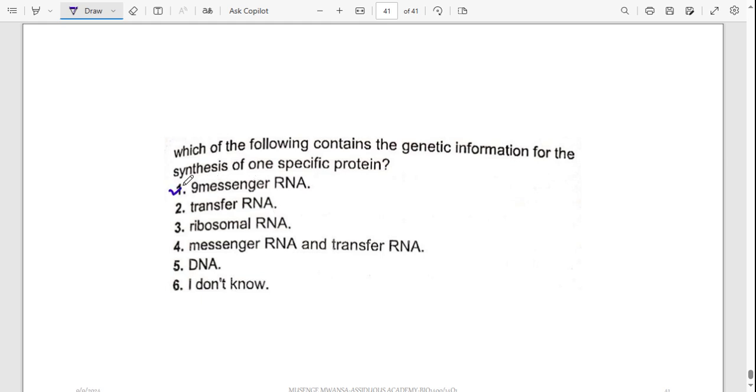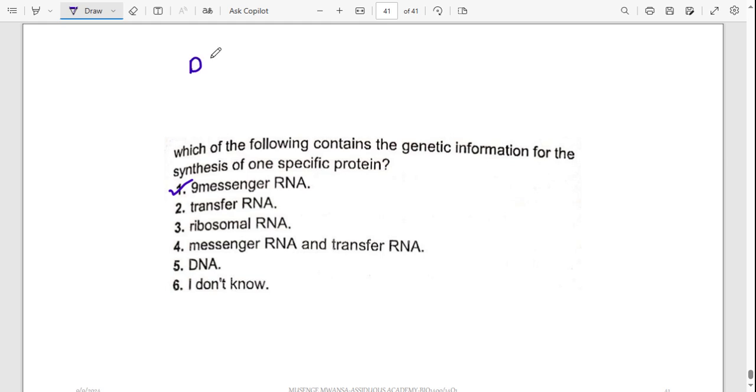So mRNA is the one which contains the genetic information. It's the carrier of genetic information for the synthesis of one specific protein. DNA carries genes. It carries actually all the information. This one stores the information. The carrier of information is the RNA.